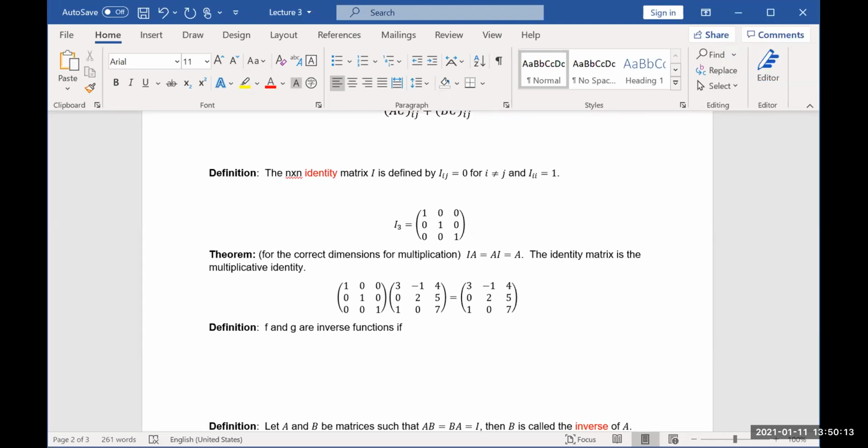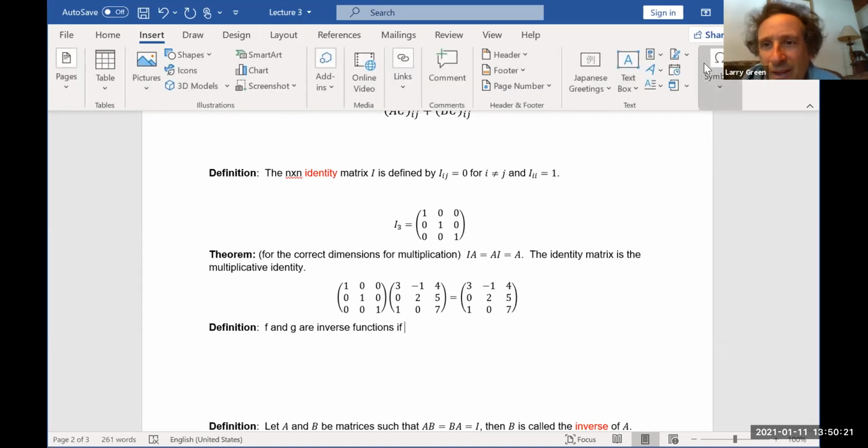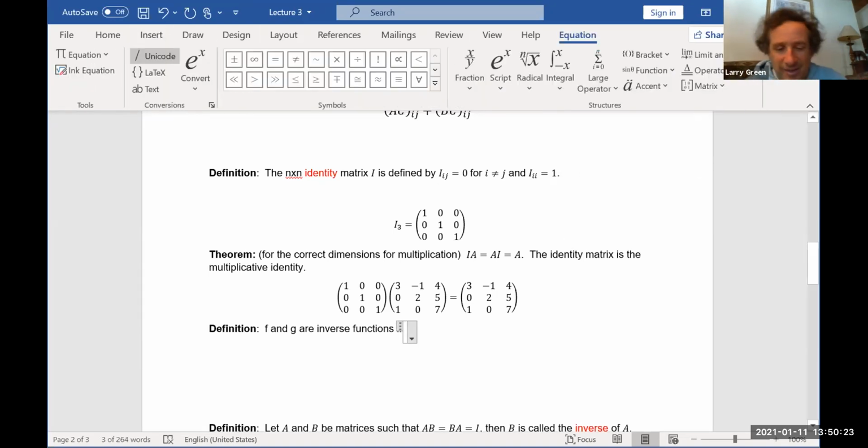If f of g equals just the variable by itself, x. Yeah, there we go. So let's write it out. f of g of x equals, and actually you need it in 2 ways. You need g of f of x. You need both to be equal to x.